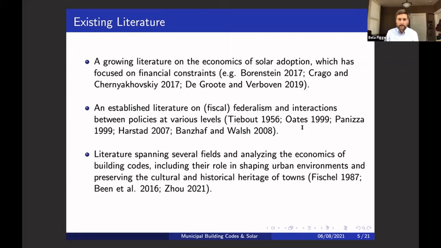Then there's the literature on local versus federal policy at various levels, local public goods. That certainly plays a role here. And then there's a whole literature on the economics of building codes and their role in shaping urban environments.